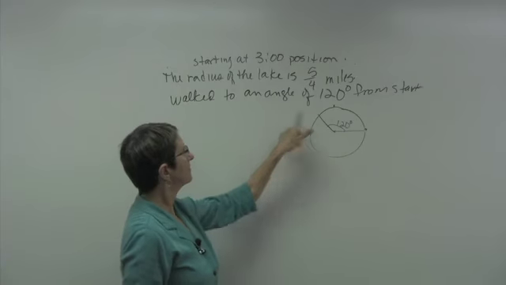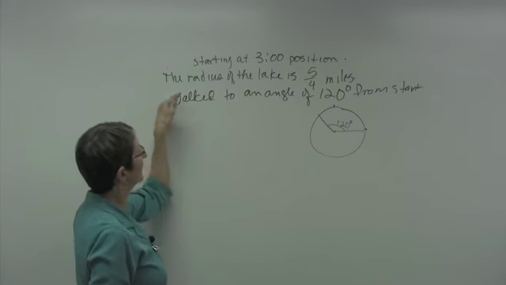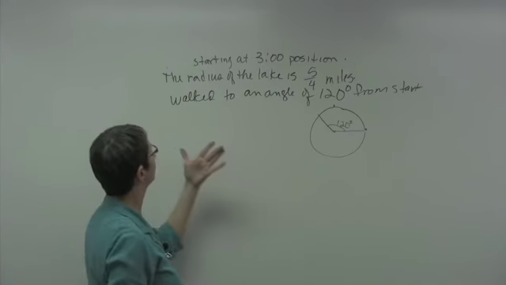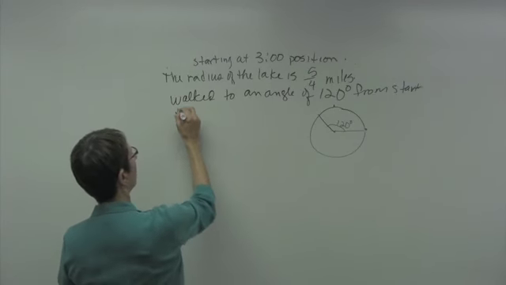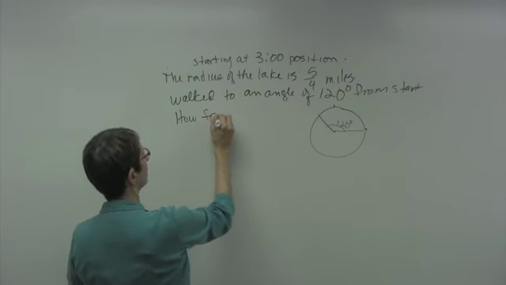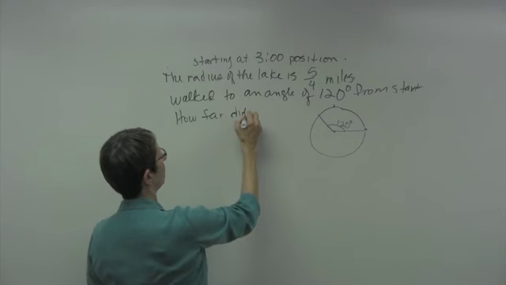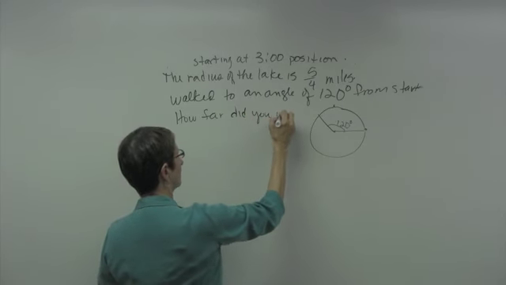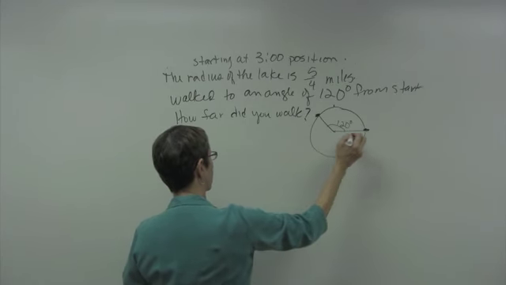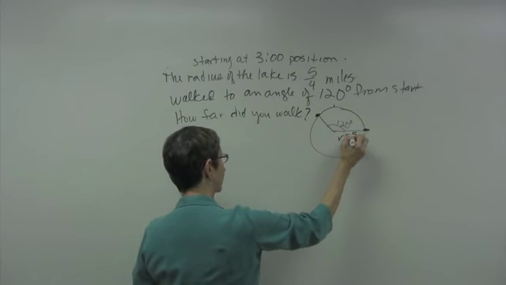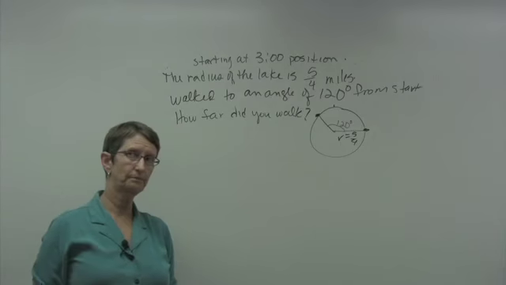So I've ended up there. The radius of the lake is 5/4 miles, and I want to know how far I walked. Or you. How far did you walk? I ended up here, started here, I have a radius of 5/4.